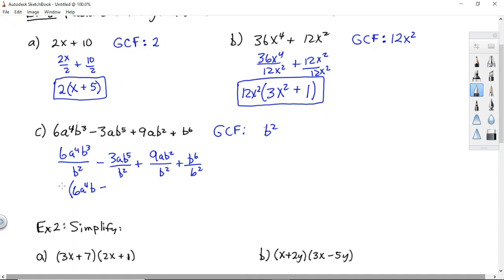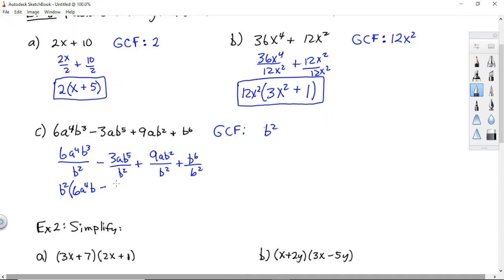Okay, we look at the next term. This time I'll go ahead and write our b squared out front before we start, because we're dividing each term by b squared to get what we have after we factor out b squared, and then we of course multiply b squared times that entire sum after we've factored out from each term.